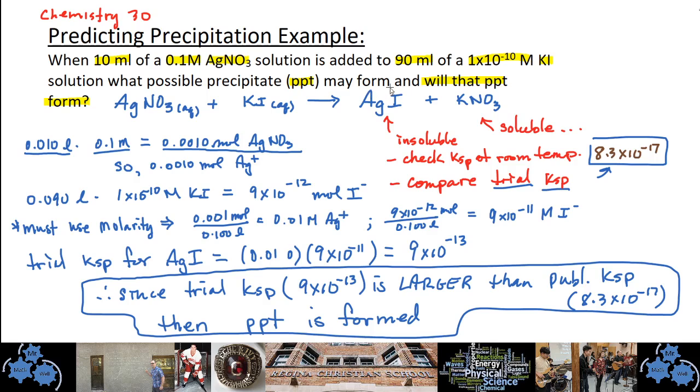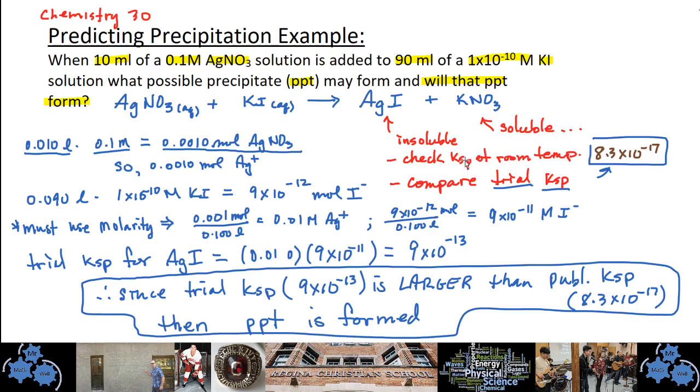So when you get to this point, you want to look at these possible products that may form, okay? And you want to use your solubility chart to find out if either of these are insoluble at all. Well, nitrates with alkali metals are always soluble, so that one's out of the picture. This one, silver iodide, could be insoluble, so this one has a chance.